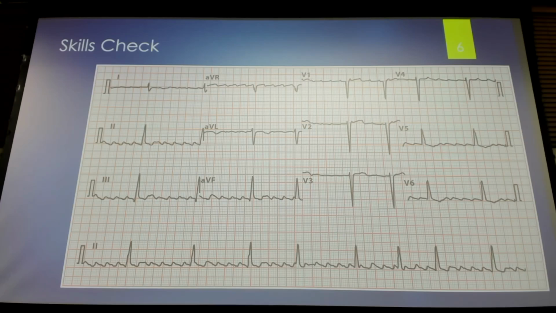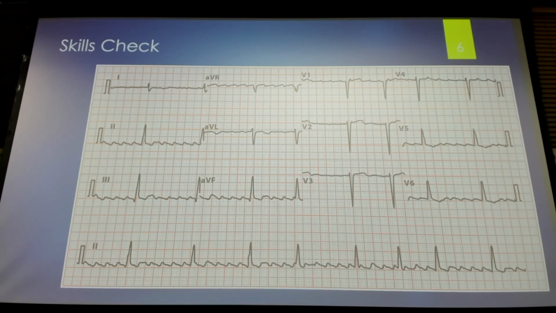Yes, yeah. So we've got an irregular rhythm. When we think about our irregular rhythms: AFib, atrial flutter with variable block, multifocal atrial tachycardia. So what we can see here, and this is one of those memorizations, is we can see these waves that look like something we want to go to Hawaii and ride, right?